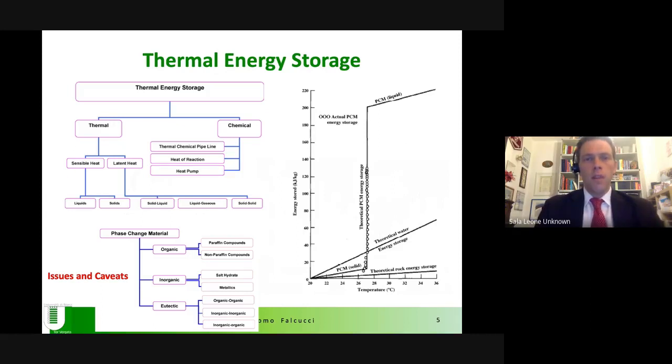they have difficulties during the transient of energy storage and release, because they have their characteristic response time, and there are some issues related to their reliability during thermal cycles.